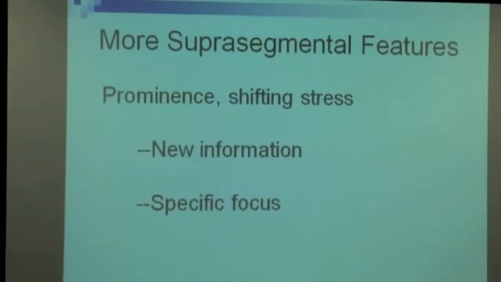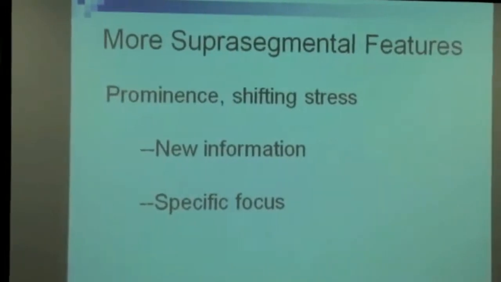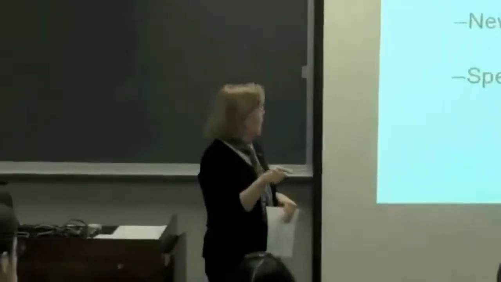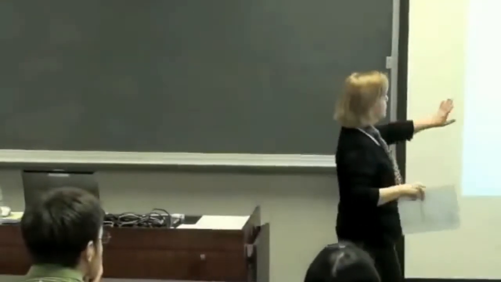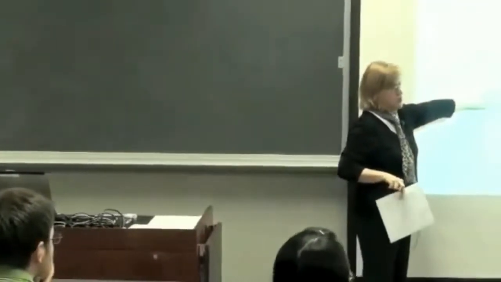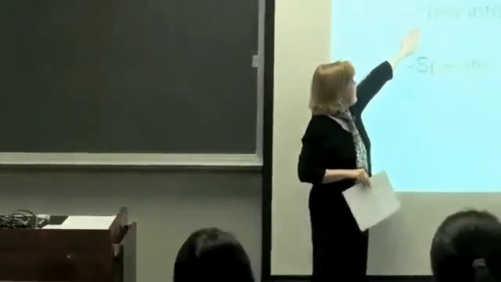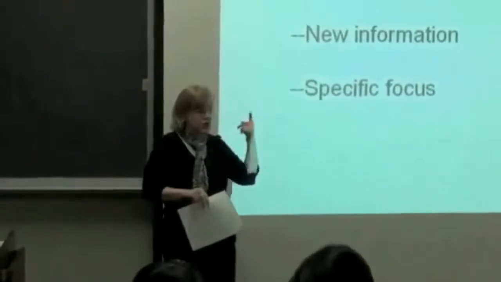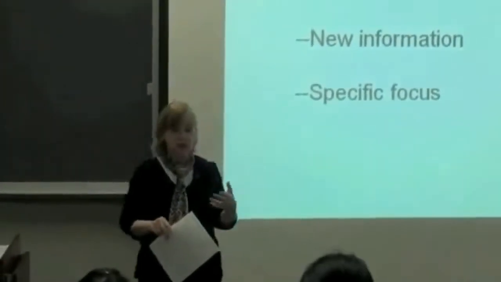And this business of having one or two elements really stand out, it's most often used in English when you're introducing new information or when you have a specific focus in what you're saying. And let's first look at new information. And I think once you become aware of this, if you can tune your ears to this, you'll start to notice people doing this all the time.